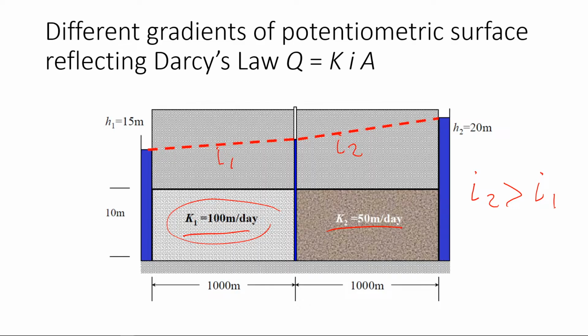This is again conceptual understanding. Why is it the case? Because as water moves from here to here, this is the fine sand. What does fine sand mean? You have low hydraulic conductivity, you have high friction. So this friction will what? Part of your energy will be converted to heat energy, so not all the energy would be used for flow.